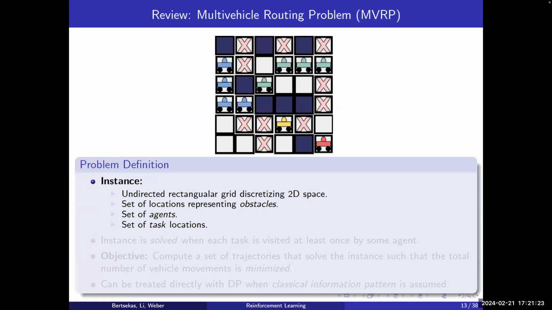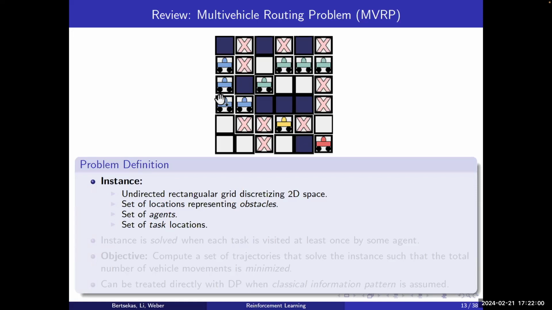Okay, so first is the multi-vehicle routing problem. I have this special representation of it. An instance looks like this. It's a rectangular grid in 2-dimensional space, a discretization of 2-dimensional space. There's a set of locations representing obstacles. In this picture, the black squares are obstacles, and these squares are not visitable by agents. They represent blockages in the network. There's also a set of agents that start at some initial position, represented by these little car drawings.